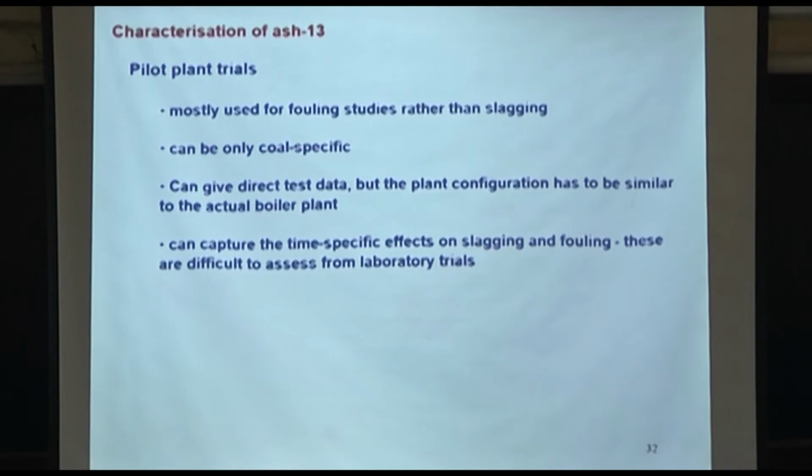But for certain types of coal, the vendors give you a tower type, straight, very tall. So if your pilot plant is of one type and your actual boiler is another type, the pilot plant trial is a meaningless exercise. That's what I mean by the third bullet point.